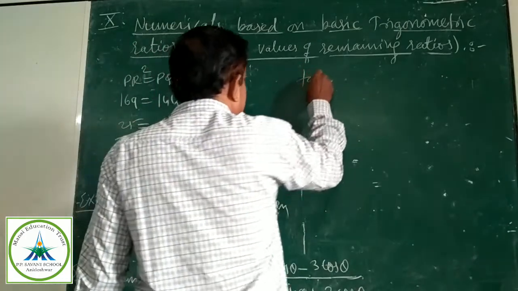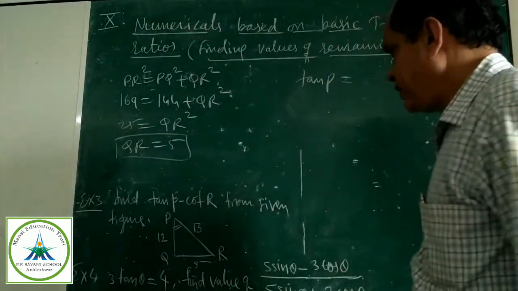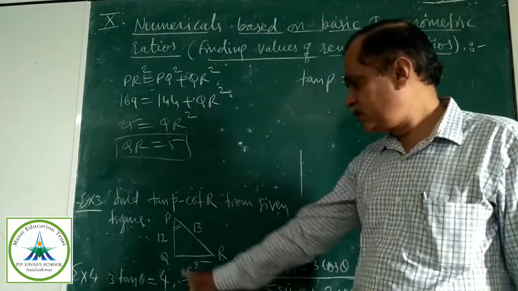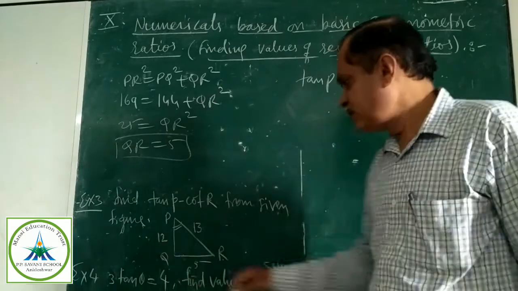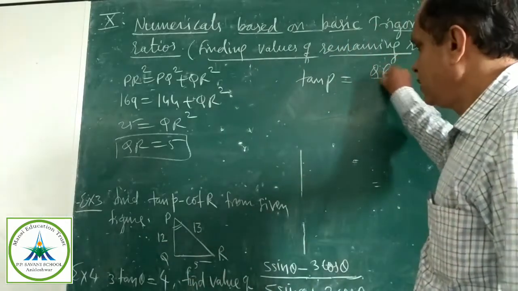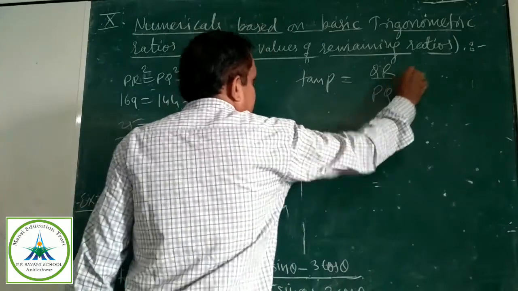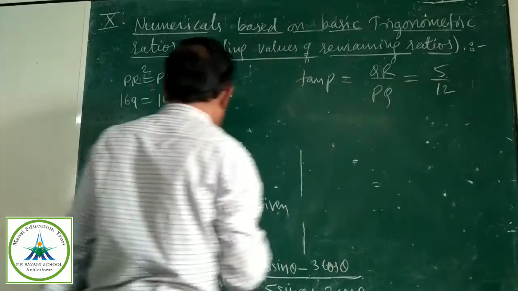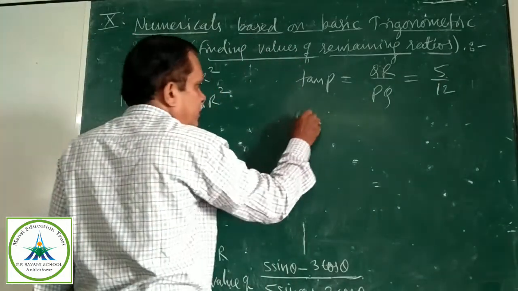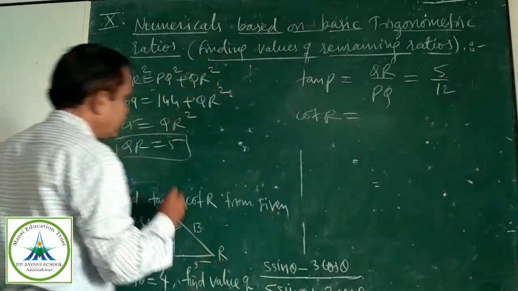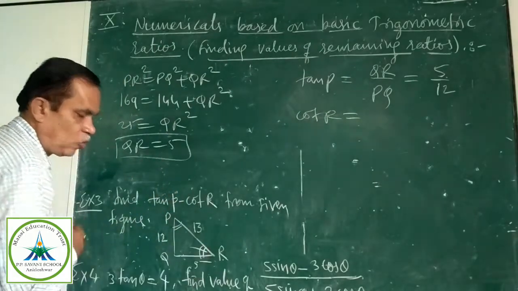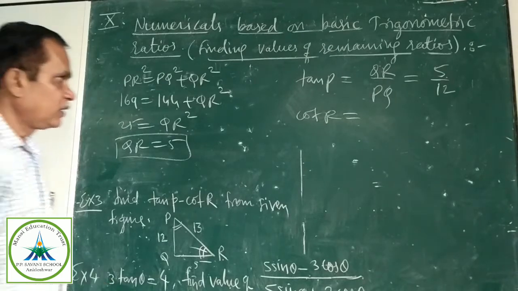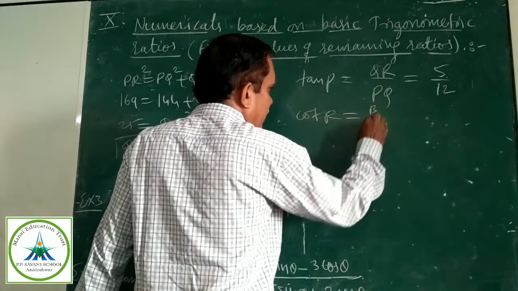See, tan P equals what is the formula? Perpendicular upon base. That is QR upon PQ, 5 upon 12. Cot R. Now this angle, cot R. Cot R is what? Base upon perpendicular. See, base upon perpendicular.